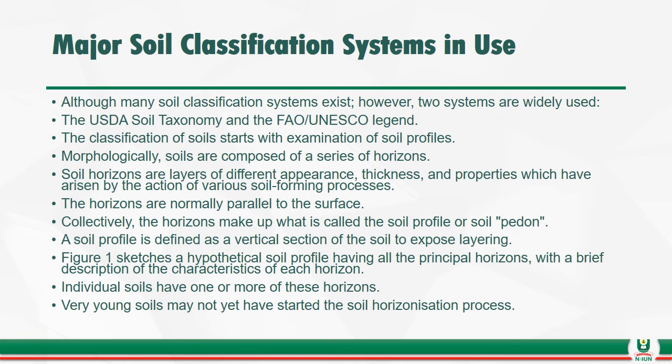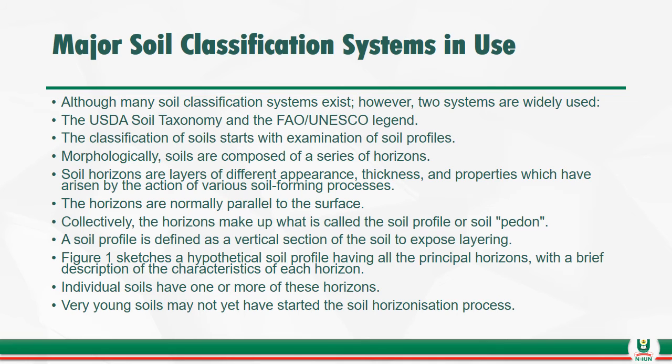However, the ones mostly used, especially in Nigeria and most other countries of the world, due to their comprehensive nature, are USDA soil taxonomy as well as the FAO-UNESCO legend, otherwise known as the World Reference Base for Soil Resources. These are the soil classification systems mostly in use currently by many countries because of how comprehensive they are.